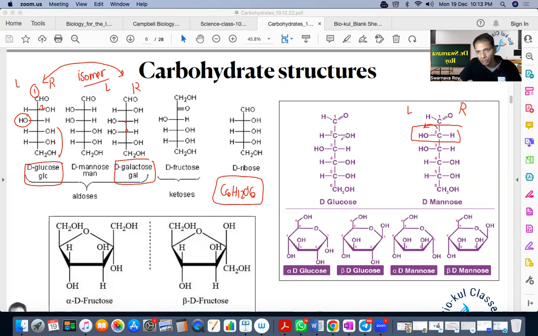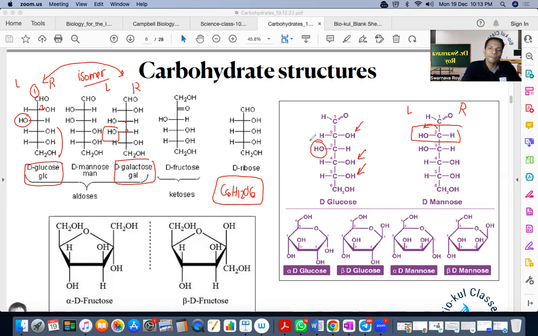This is glucose. You see in glucose, all these hydroxyls are on the right side. Only the third hydroxyl is on the left side. When you look at galactose, the fourth hydroxyl is flipped. So they're all isomers with a little bit of structural differences. Okay, and also this is the structure of fructose.